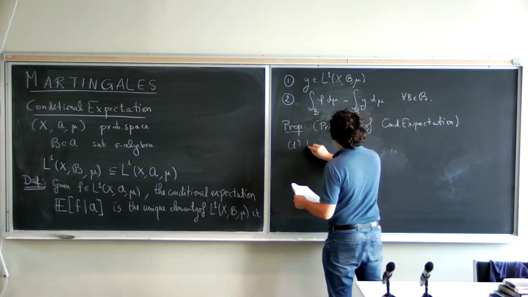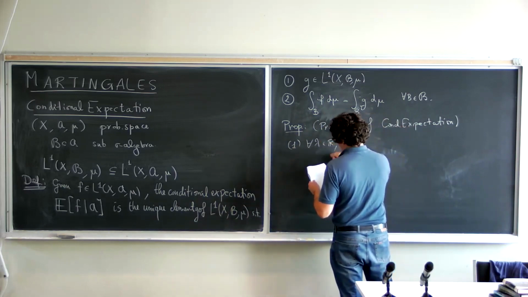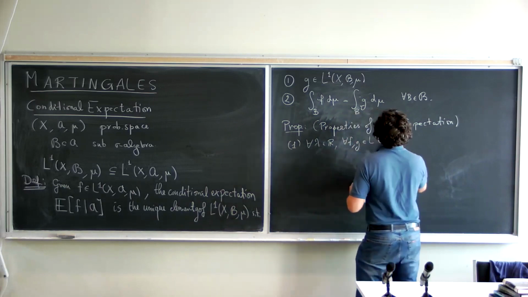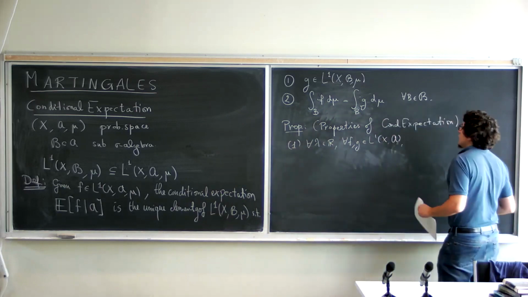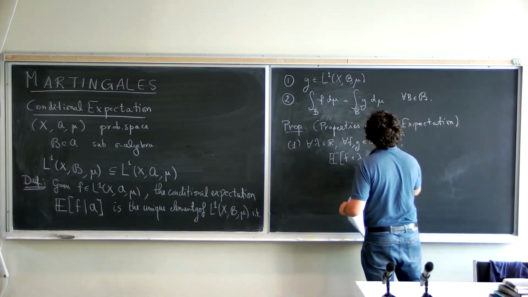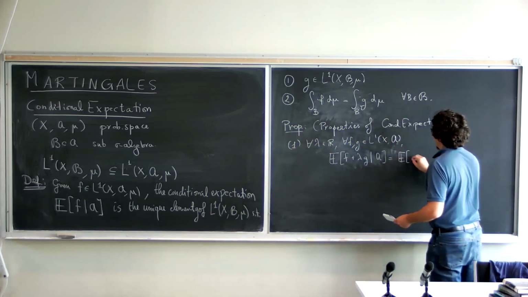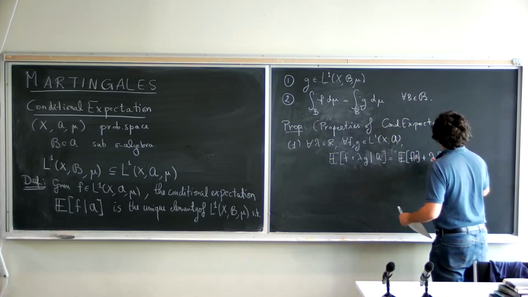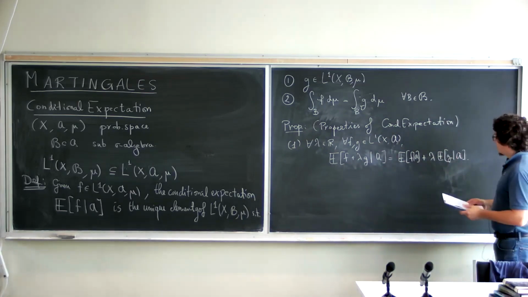For every lambda, some scalar in R, and for every f and g in L1 of X, A, the conditional expectation of f plus lambda g given B is indeed linear: it is the conditional expectation of f plus lambda times the conditional expectation of g. So this is not so surprising.